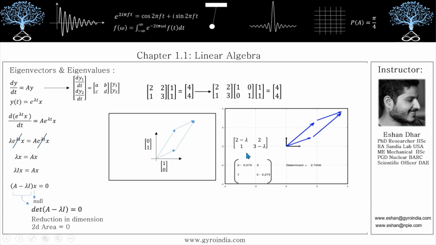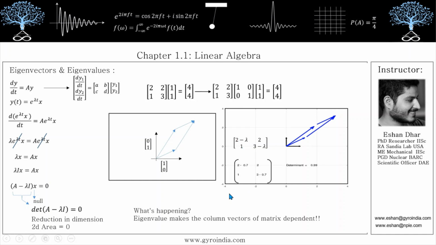We can see that as the value of lambda approaches the eigenvalue of this particular matrix, the column vectors of the matrix become dependent.